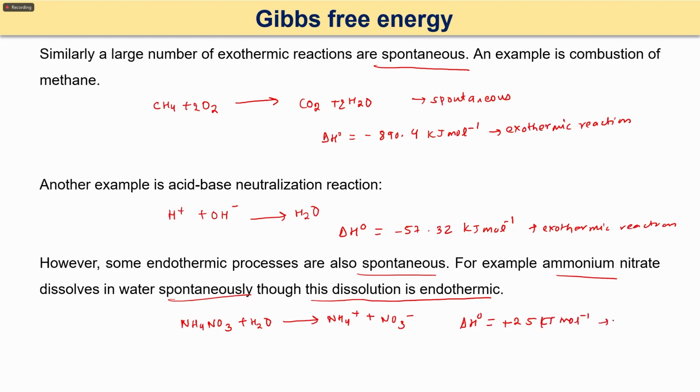Here positive means this is an endothermic process. However, even though the process is endothermic, it is spontaneous. So this is a spontaneous process where ammonium nitrate dissolves in water.